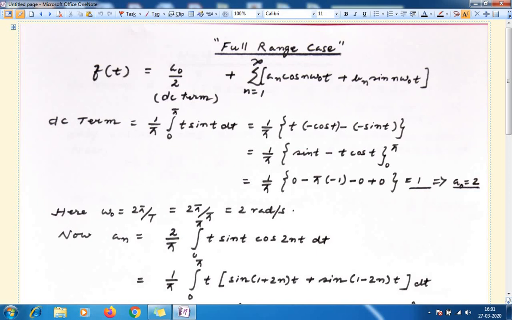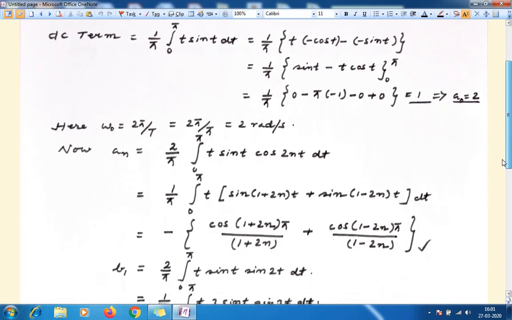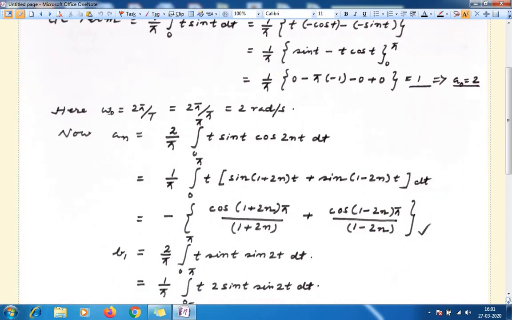The period is from 0 to pi, and we get the value equal to 1, which means a naught is equal to 2. Now what is the angular frequency? The angular frequency that we need to consider here is 2 pi by T, the time period is pi, so it will be 2 radians per second.